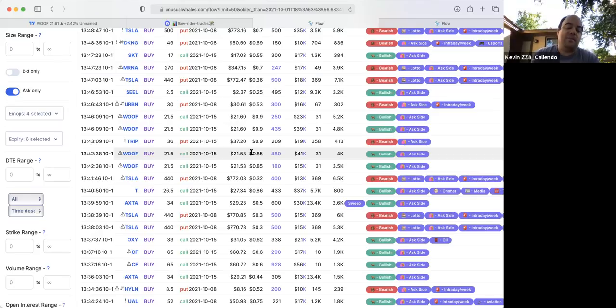But what option flow does, and just keeping an eye on it, it allows me to enter trades with conviction. And then at that point, I can weather a dip. Like I said, I don't average down a lot, but I keep a pretty wide stop loss.